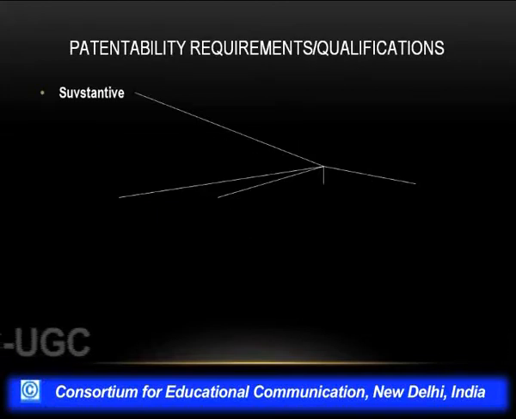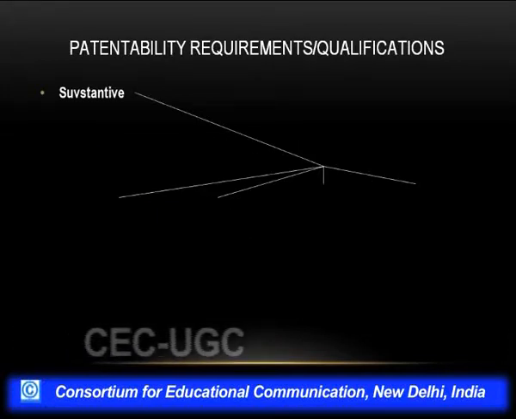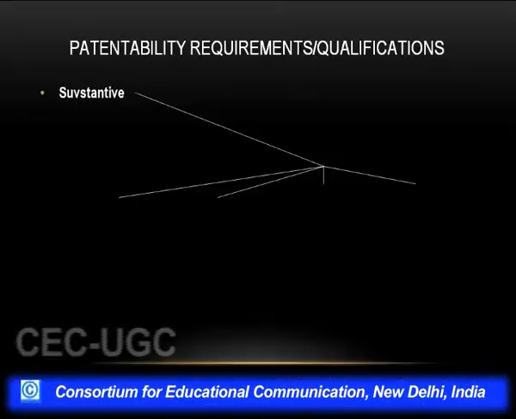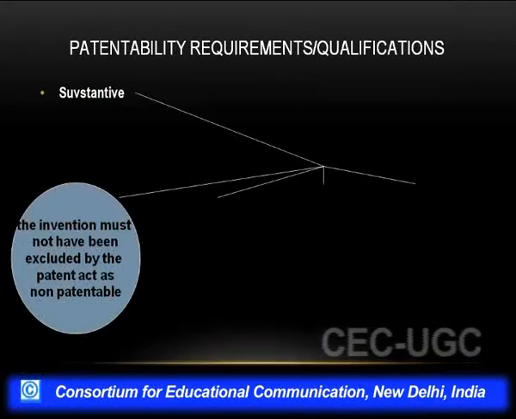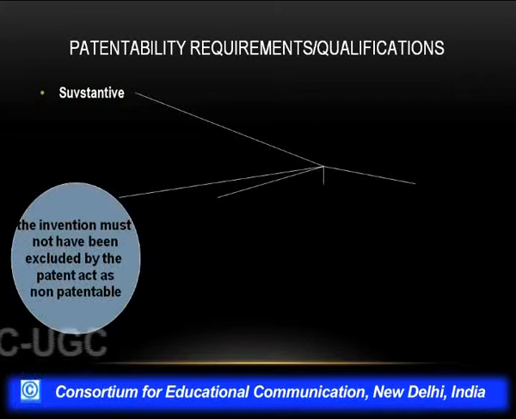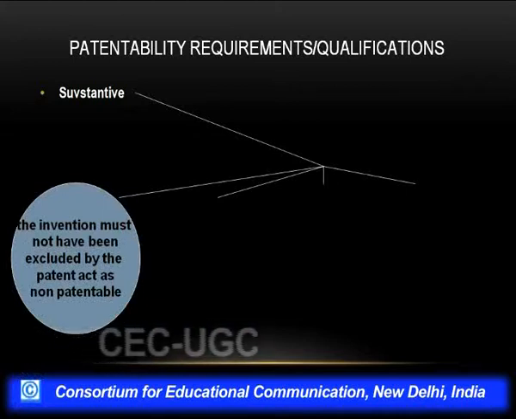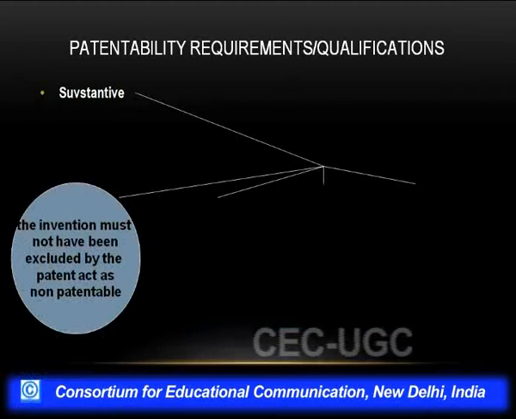Friends, as I just mentioned verbally, there are four requirements or qualifications to be seen for obtaining the patent. Let us have a look at this slide where all these four requirements are comprised in a nutshell. The first requirement: the invention must not have been excluded by the Patent Act as non-patentable by purview of section 3 and 4, which we had discussed in a very exhaustive fashion.